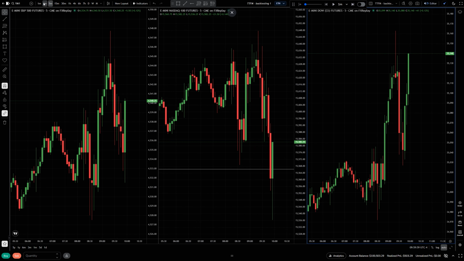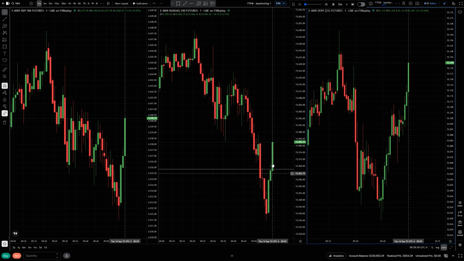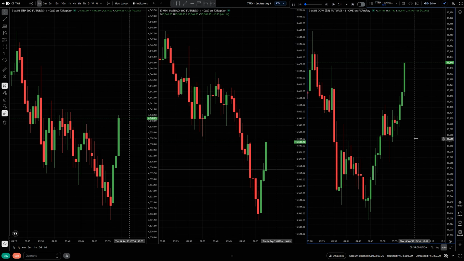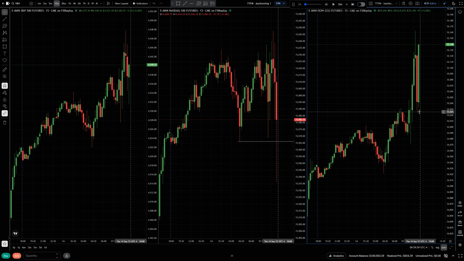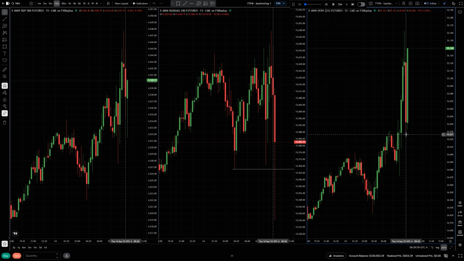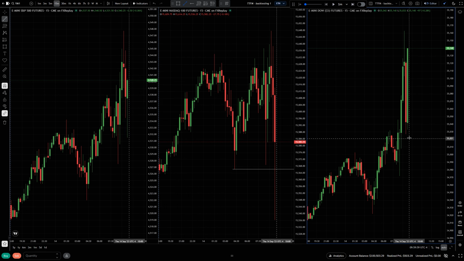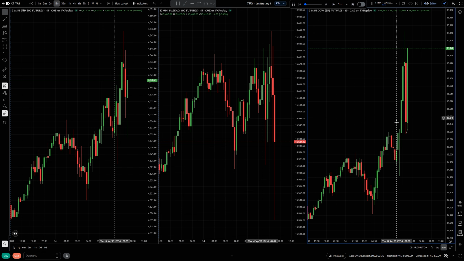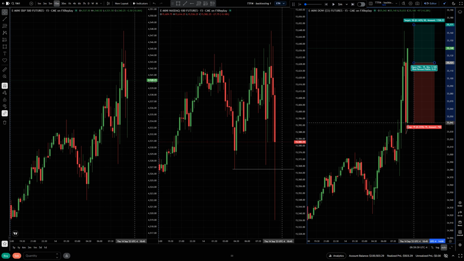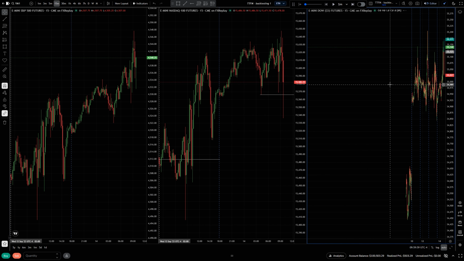You can see that it's V-shaping up. Do we have SMT? Yes, we do. We also have PSP like this inside the gap, so you can technically take this.